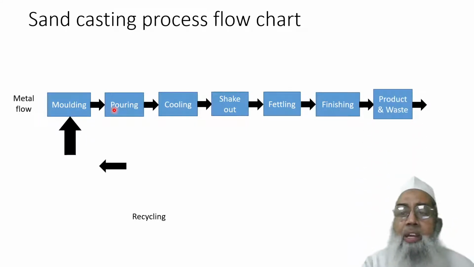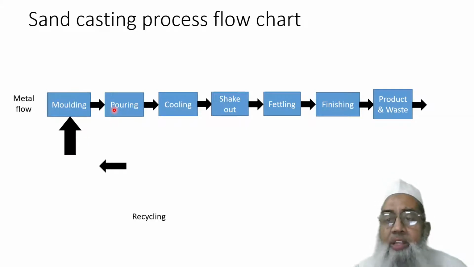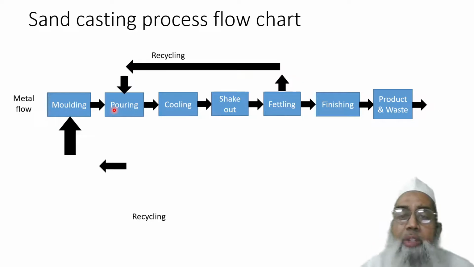After fettling, the metal is to be recycled, trimming off the unnecessary remnants. Products are taken out, and they are again melted and recycled.